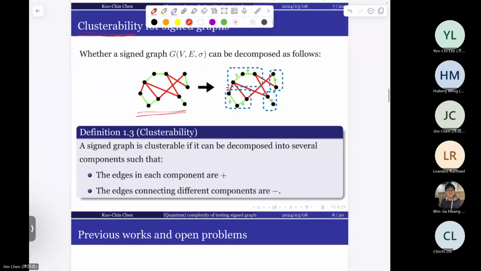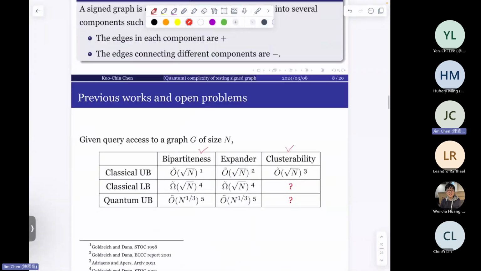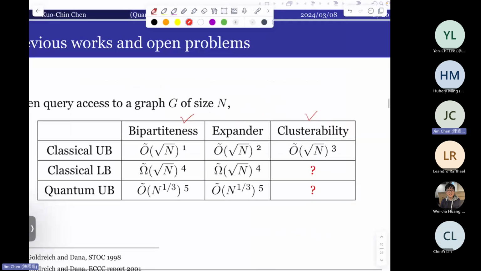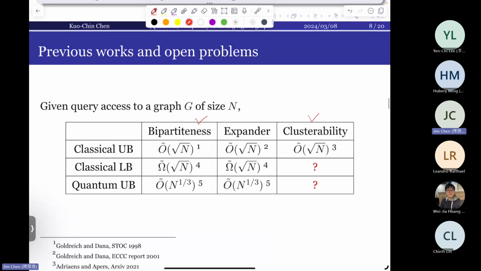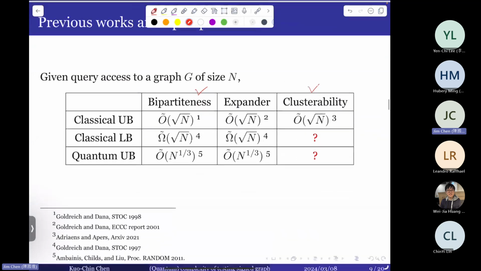Okay. So by now we have introduced bipartiteness and clusterability, and we did some previous work here.